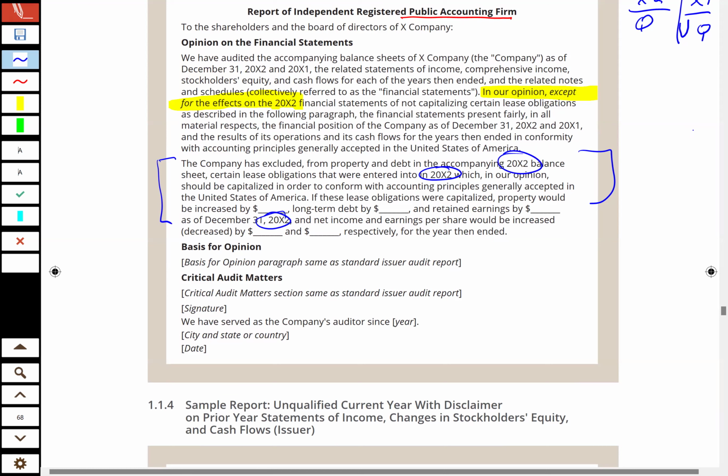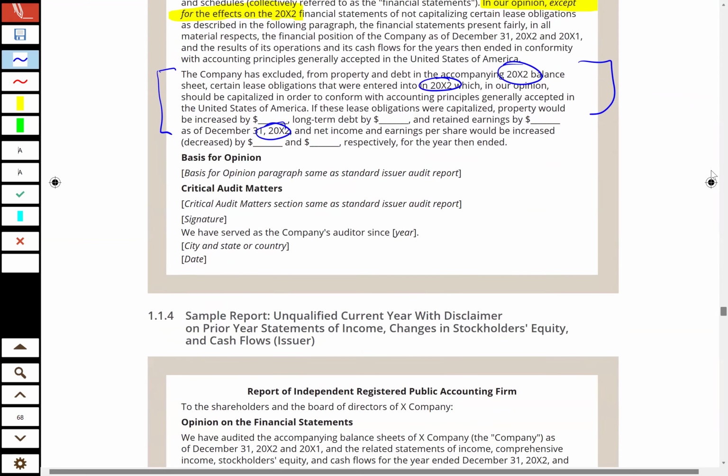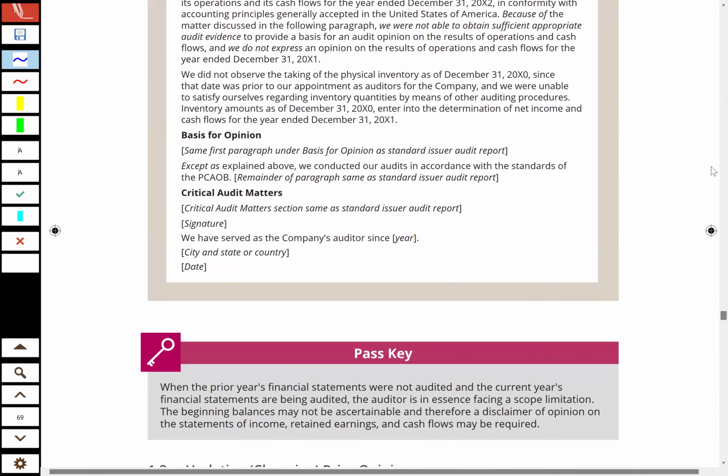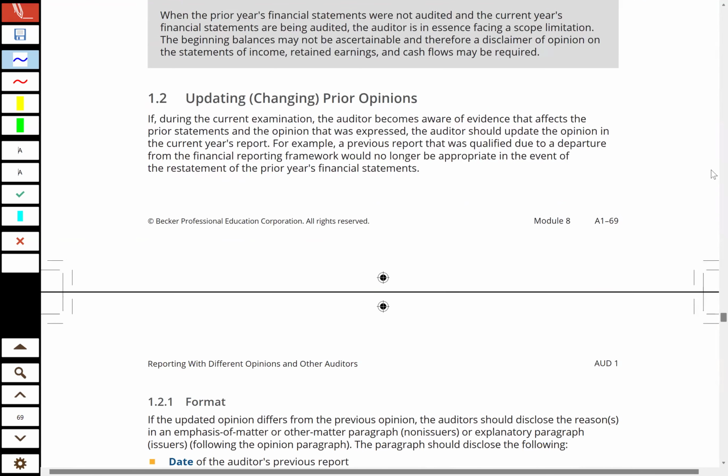Okay, good. Then if there's no question on that, let's take a look at our next section here on updating, changing prior opinion. So let's just have a little pretend story that'll go along with this. Let's say I'm the auditor of your financial statements, your management, and you're the board of directors.